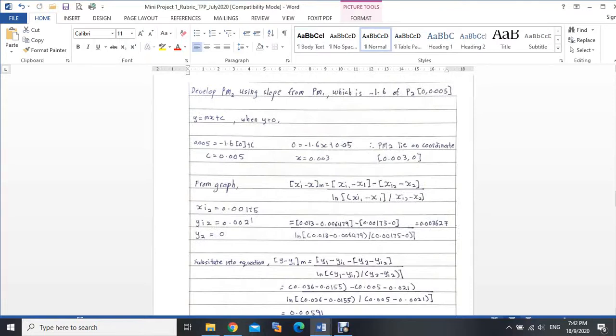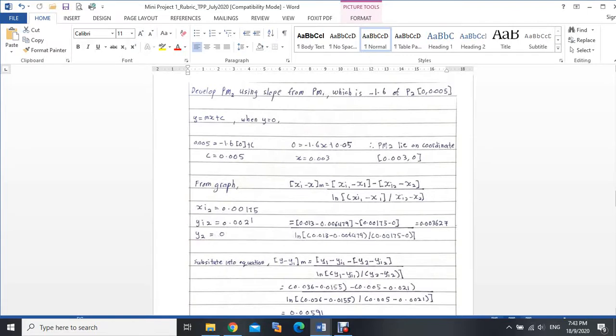We want to find the value for x, and c is the y-intercept for the second slope, which is 0.005. Then we will get the value for x, which is 0.003. Right now we have found the coordinates for the PM2 line, which is 0.003 and 0.